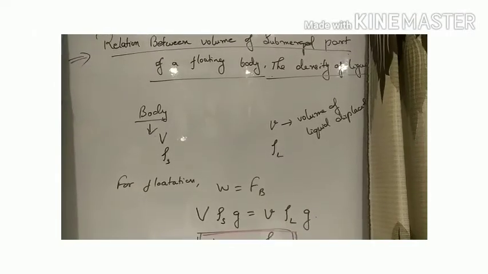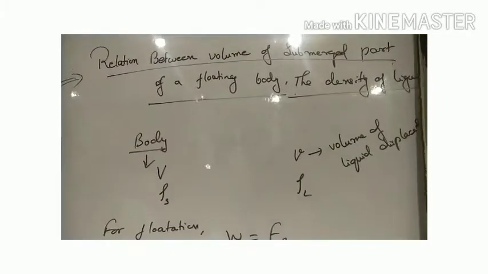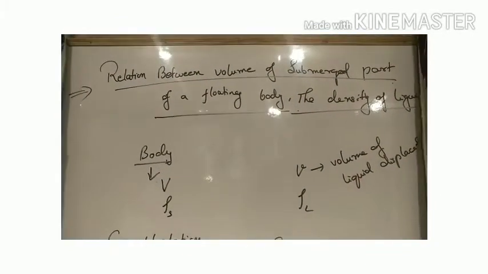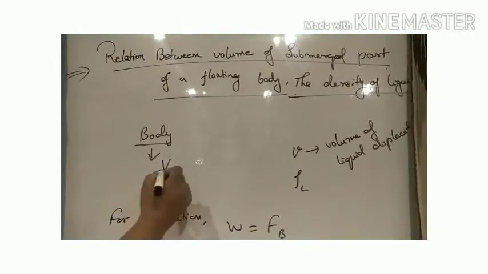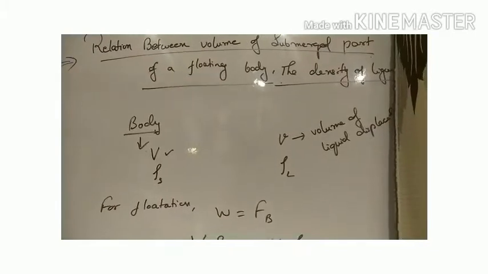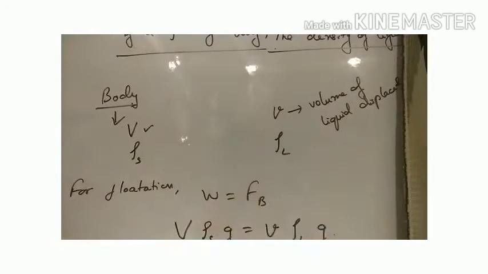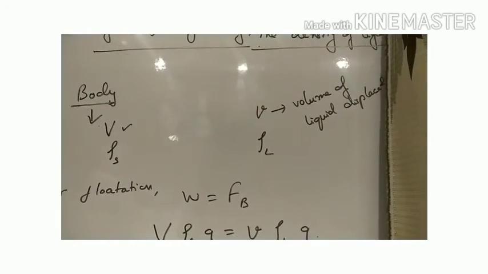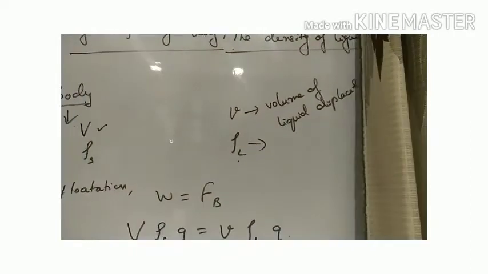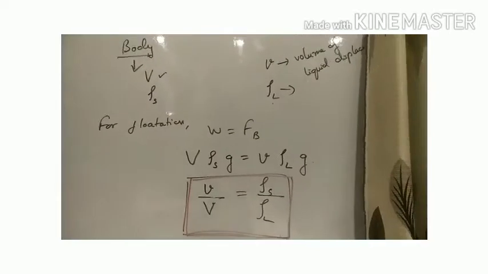Now the relationship between the volume of the submerged part of the floating body, the density of the liquid, and the density of the body. Here we first consider: let V be the volume of the body, rho S the density of the body, small v the volume of the liquid displaced, the density of the liquid denoted as rho L, and g the acceleration due to gravity.